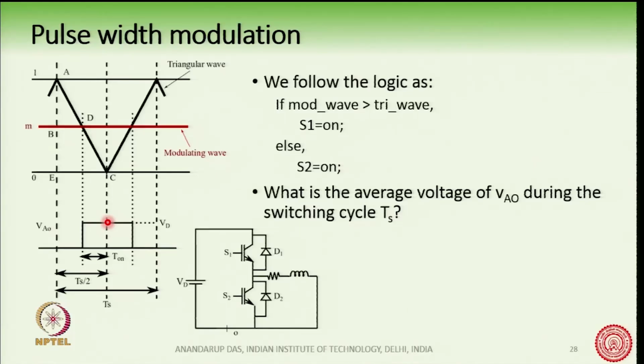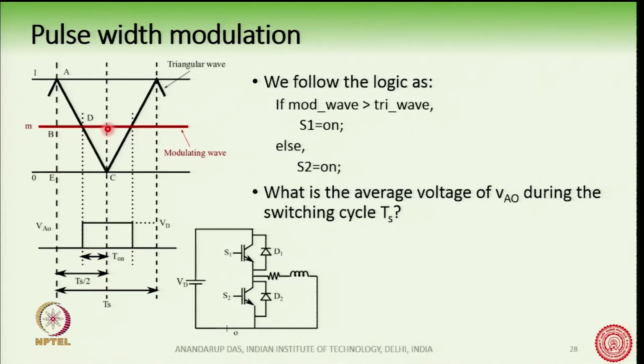So, you can now see that by changing the height of the modulating waveform in comparison with the triangular waveform height, I can change the width of this pulse which is coming across VAO.